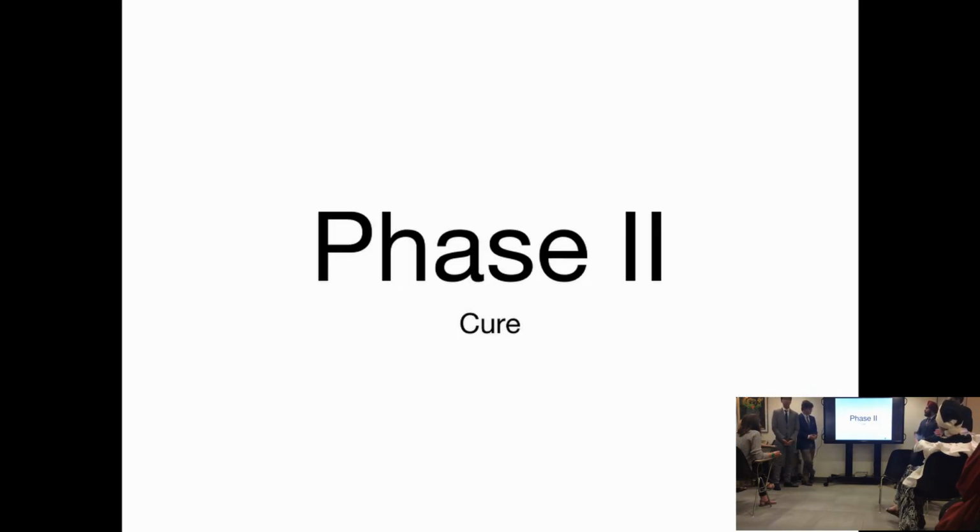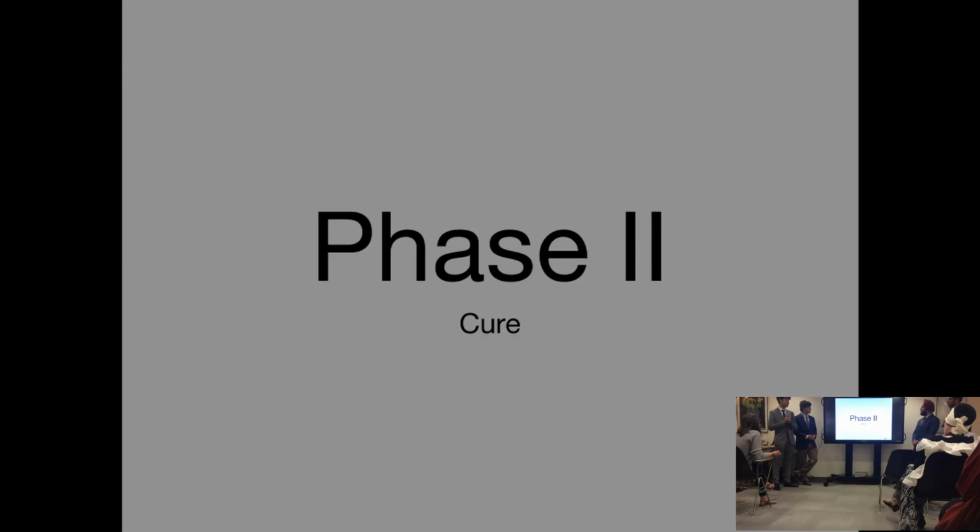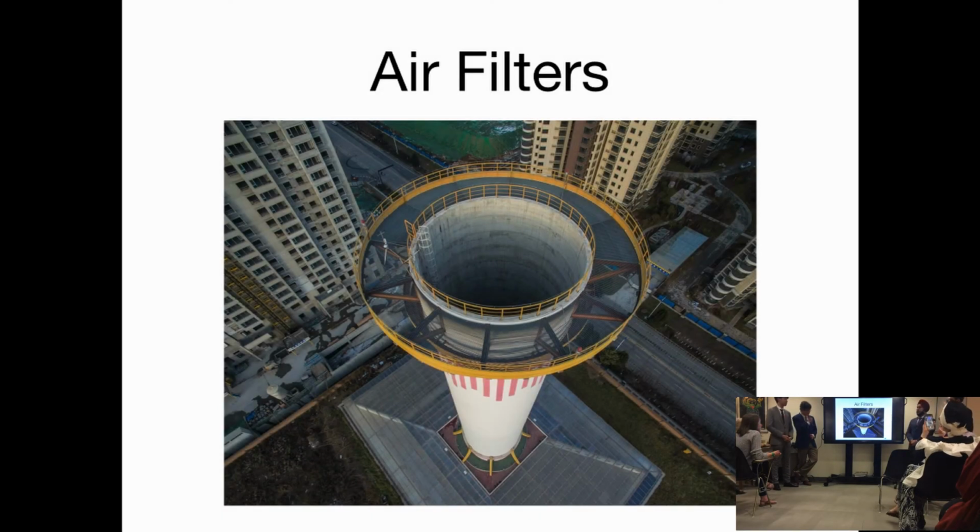So our phase 2 is to cure the problem that we already have, which is global warming. The problem for urban cities for now is to tackle the air pollution that is there. So China has come up with new technology that is large city scale air filters.